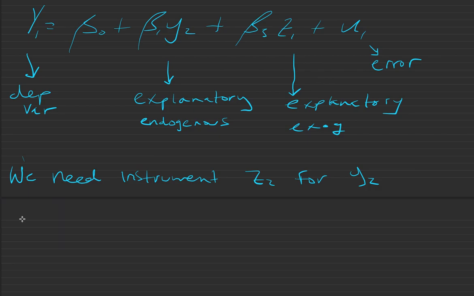One, z2 should be uncorrelated with the errors. So the covariance between z2 and u1 should be 0.